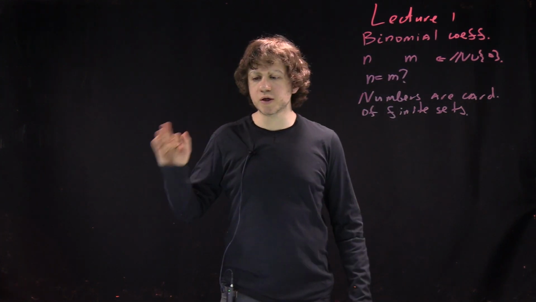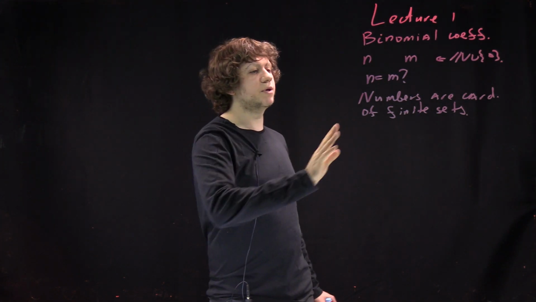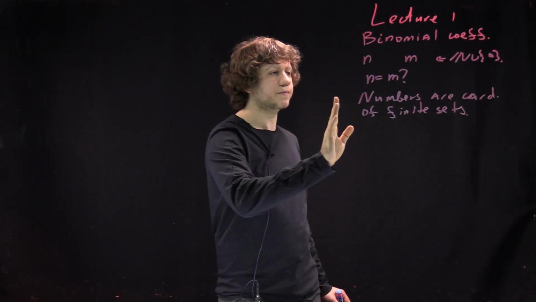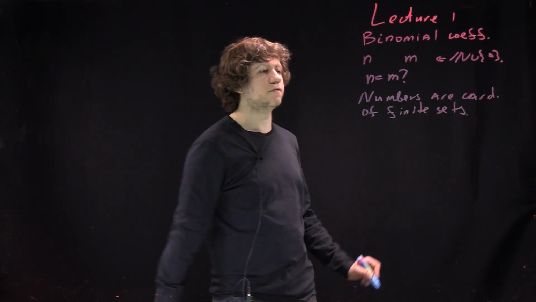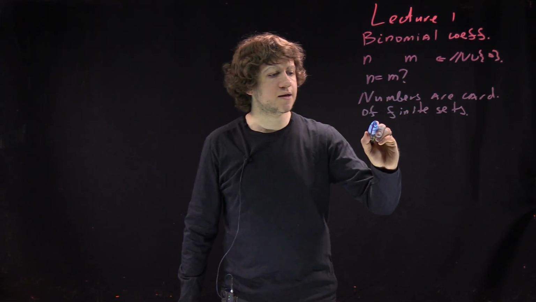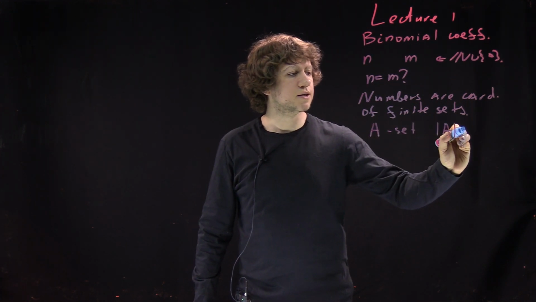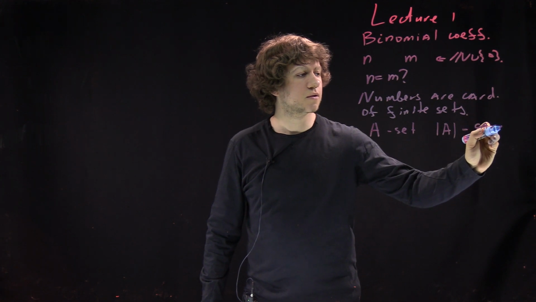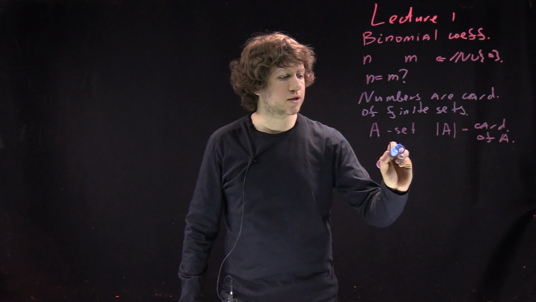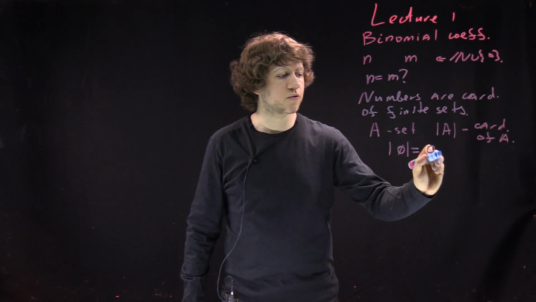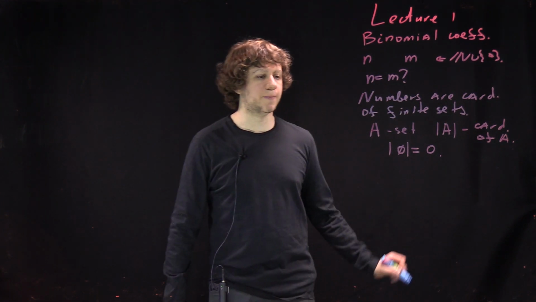I don't want to go into that because we will talk about these equivalence relations later on, but just for now, let me just emphasize that numbers are cardinalities of finite sets, and let's take a set A. So A is a set, and then we will denote by this thing its cardinality. And of course, very clearly, the cardinality of the empty set is 0. And for any non-empty set, cardinality is greater or equal than 1.